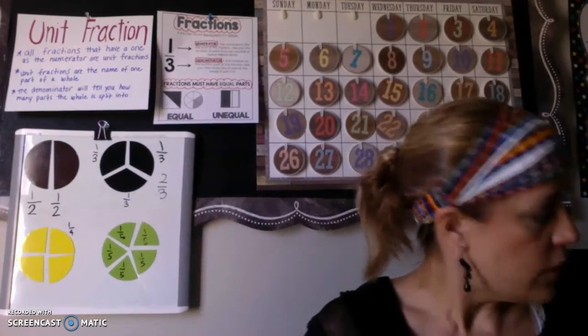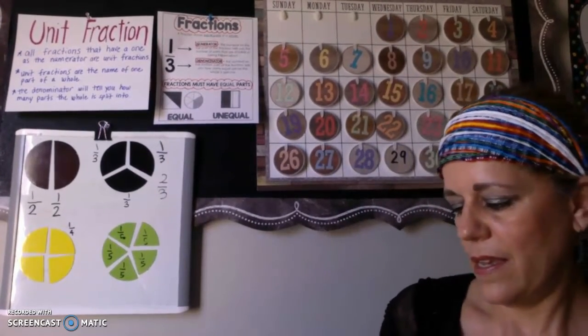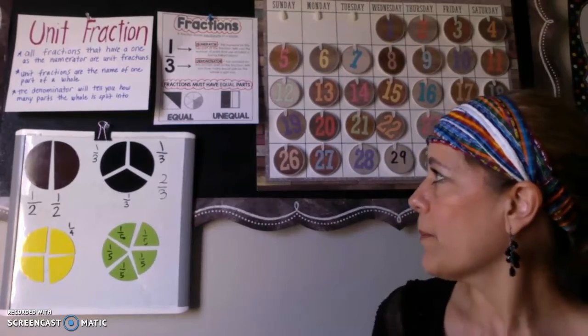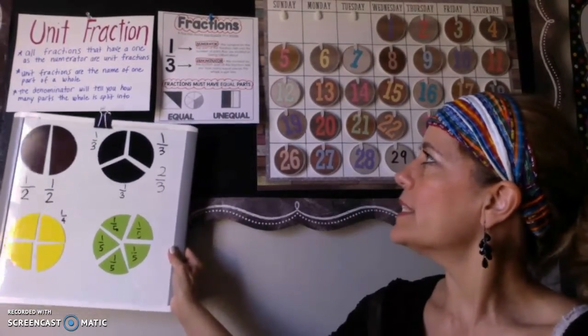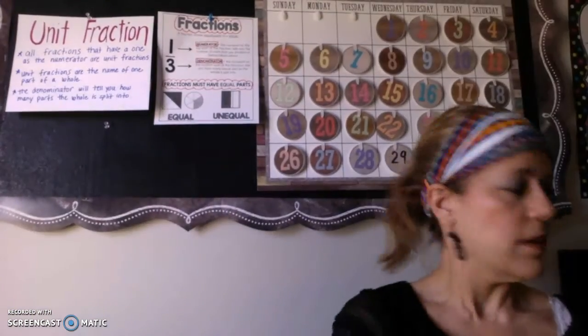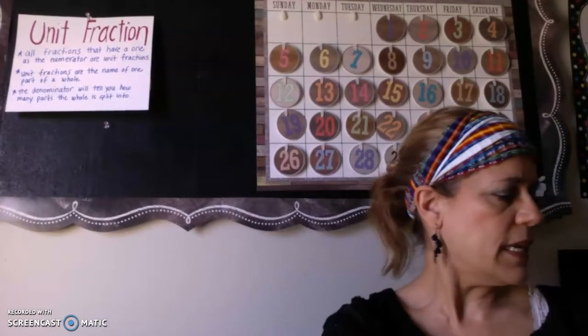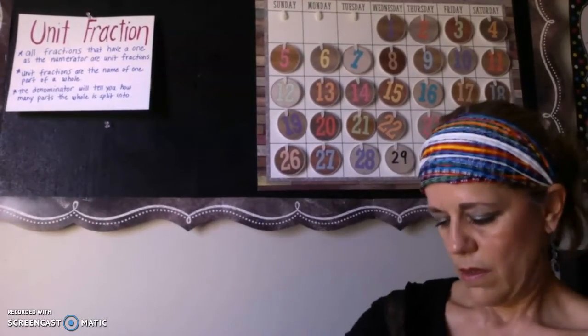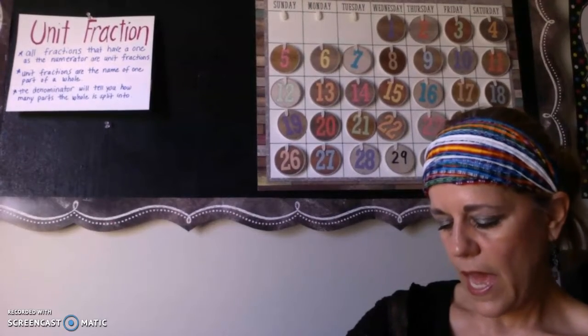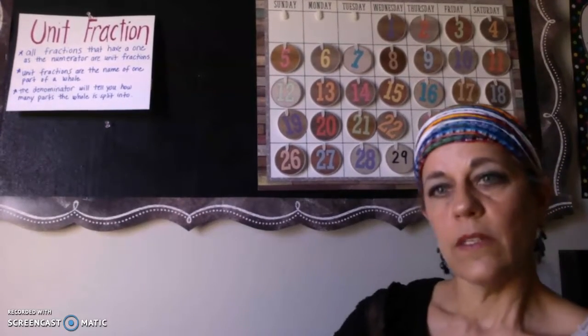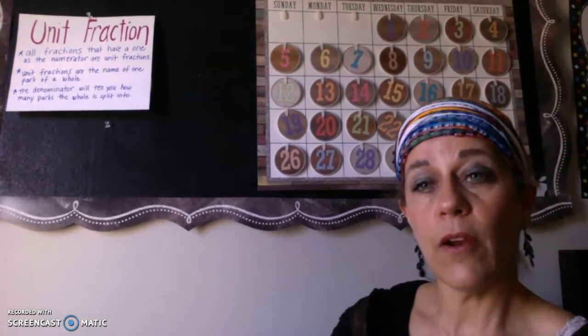Let's go ahead and take a look at my cards I have here. I'm going to take this down. Let's go ahead and take a look at some circles, and we're going to compare them.